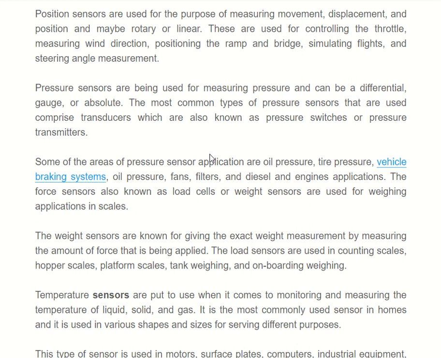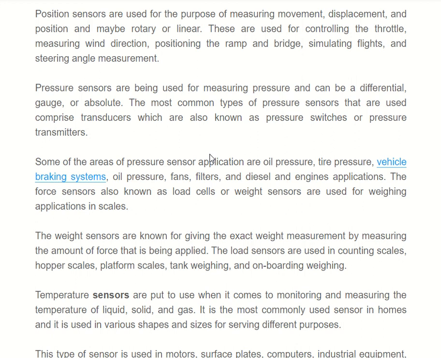Then we have the pressure sensor, which is used for measuring pressure and can be a differential gauge or an absolute gauge. The most common type of pressure sensor that is used comprises transducers, which are also known as pressure switches or pressure transmitters. And where do we use these pressure sensors? We use them in the measurement of oil pressure, tire pressure.